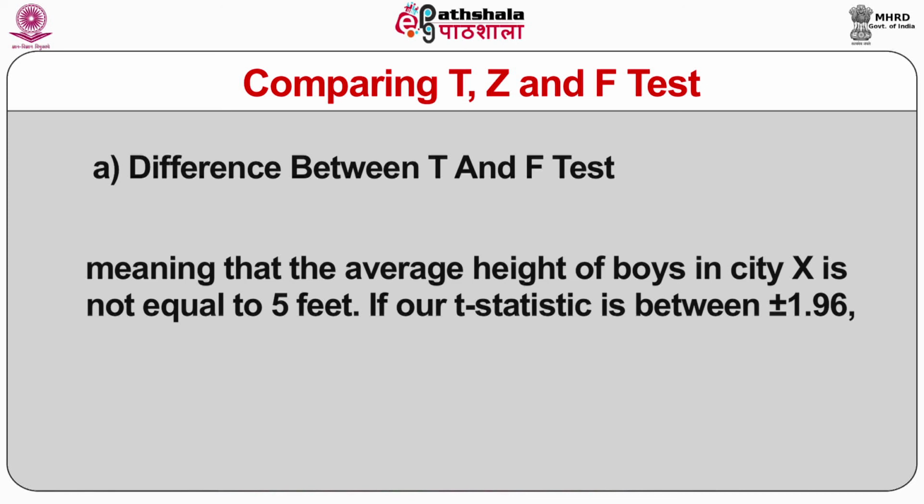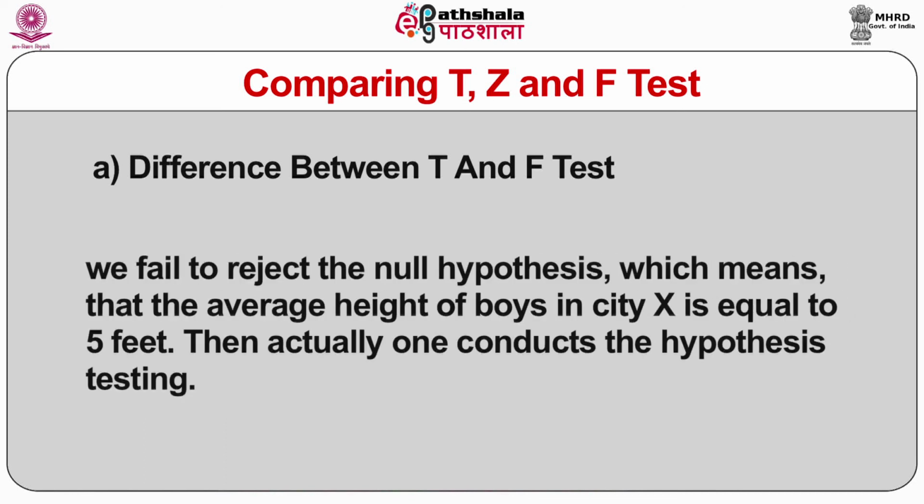If the value comes out between plus minus 1.96, we fail to reject the null hypothesis, which means that the average height of boys in city X is equal to 5 feet. This is how one actually conducts the hypothesis testing.